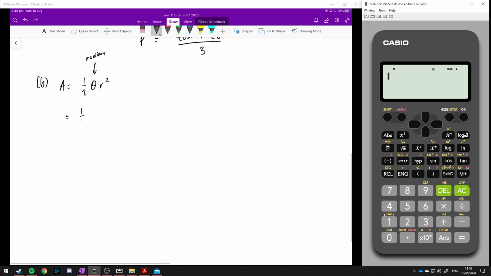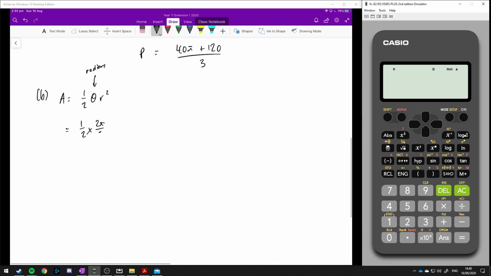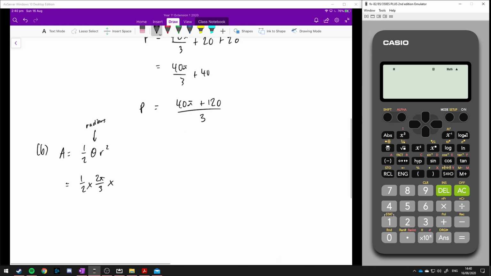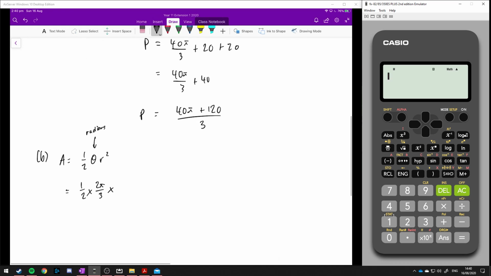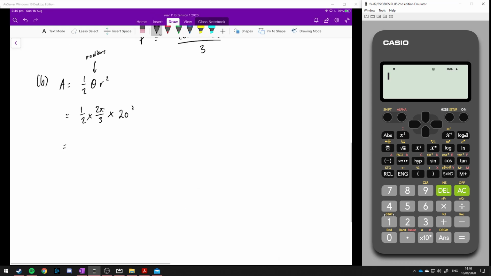So in this case, it's going to be half times our angle that we worked out, which is 2 pi on 3, times the radius squared. The radius squared is 20 squared, we'll work that out in a moment. Half times 2 pi on 3 is 2 pi on 6, or pi on 3.